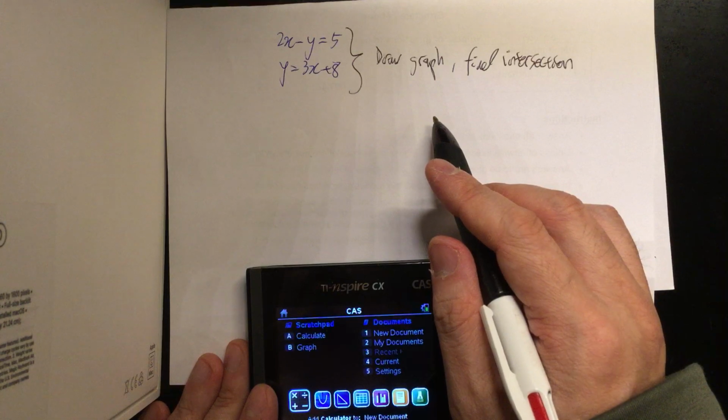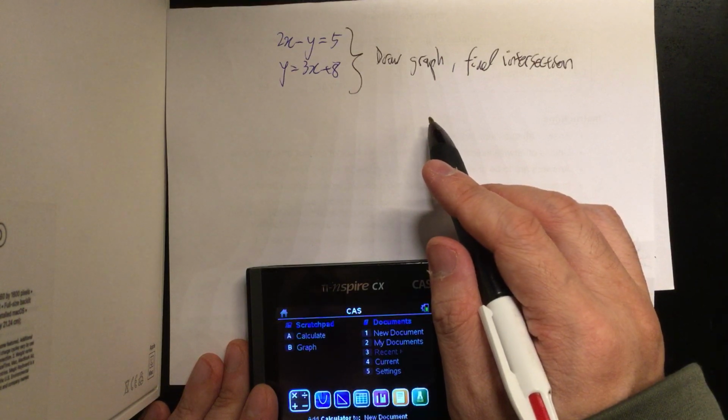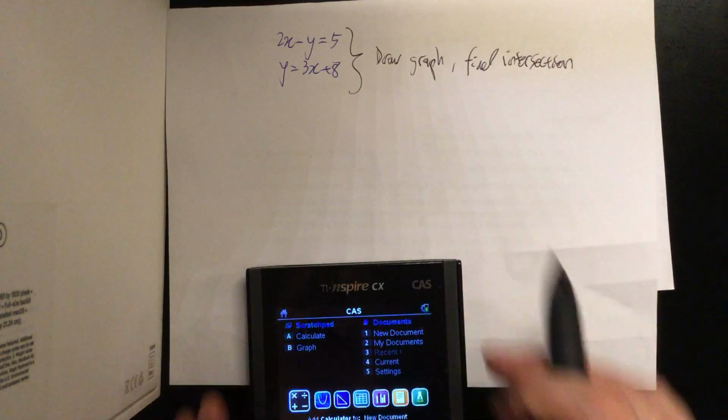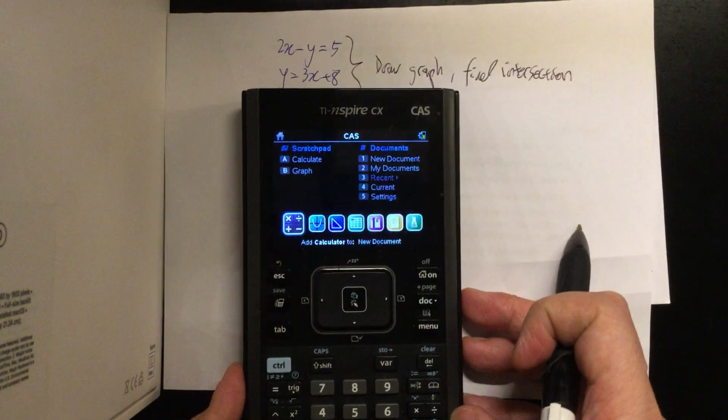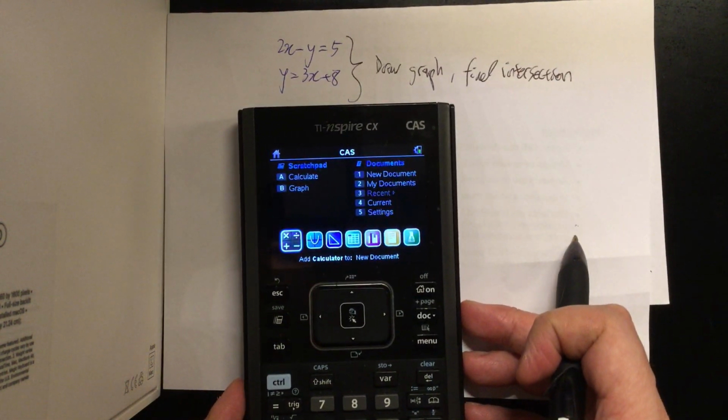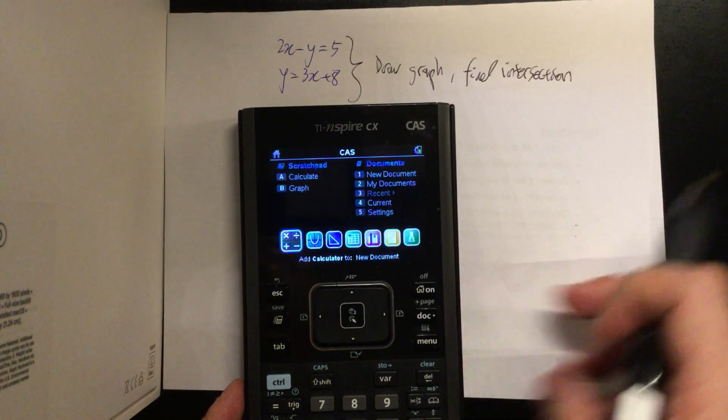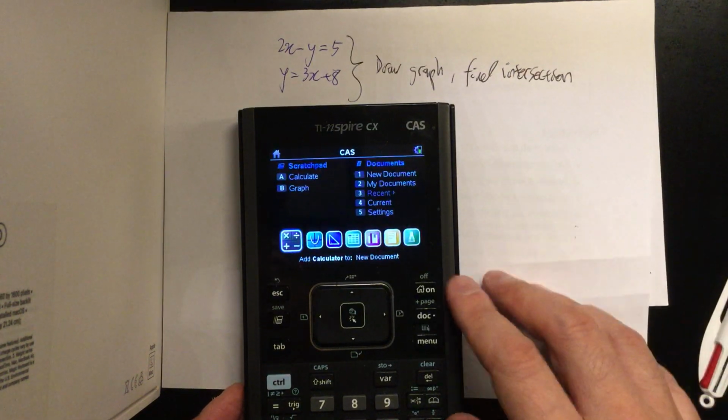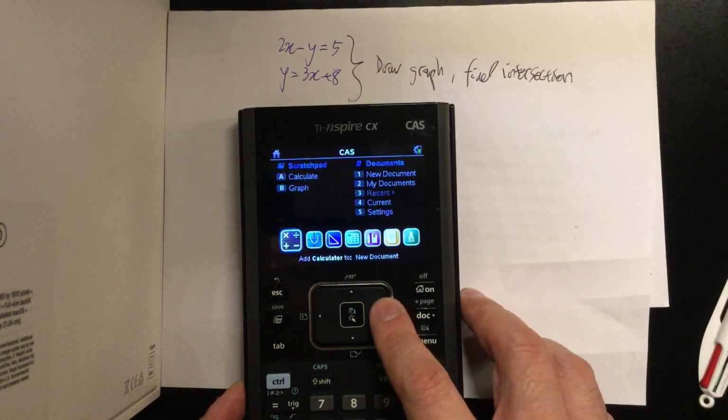This is drawing a graph, and method number one is probably going to be a lot harder since we never actually drew multiple graphs. I'll show you the first method.